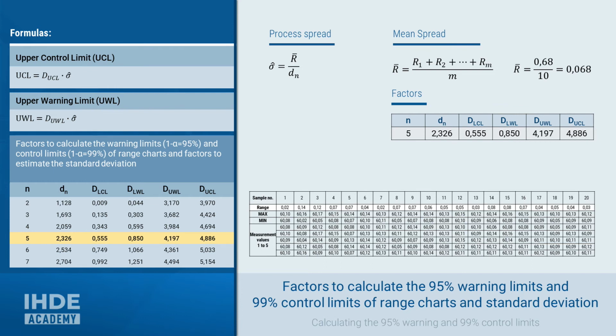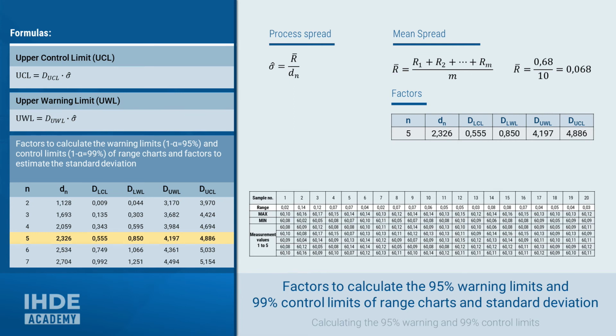As has already been said several times, values for dn and the d factors are taken from tables that can be found in the relevant literature or on the internet. A small excerpt of such a table is reproduced on the left. For the sample size of 5 given in this example, one now extracts the values for dn and the d factors.